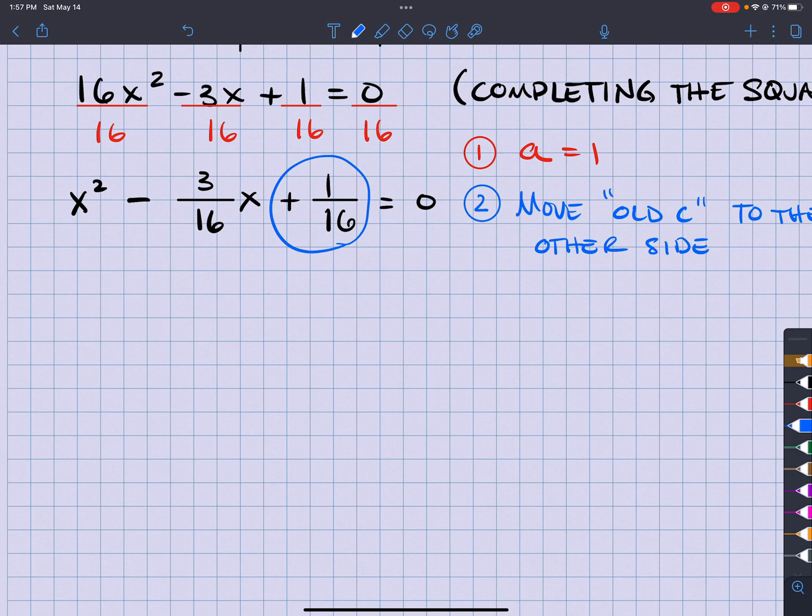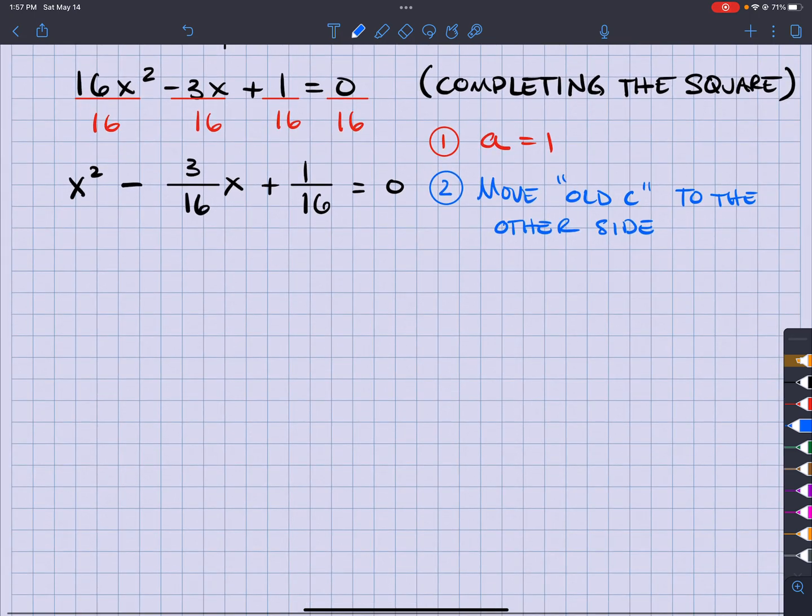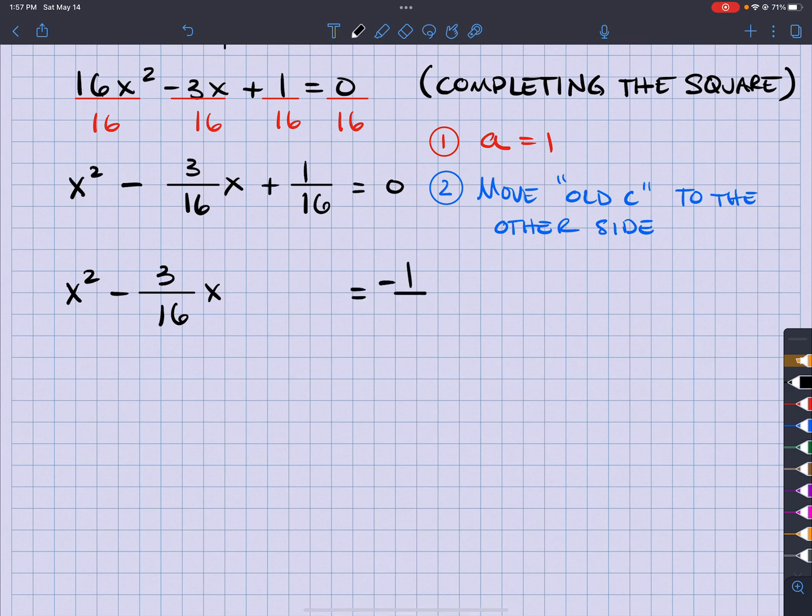We got to get rid of him so that we can find our perfect match. So you got to kick him out the door, hence kick him to the other side. So in order to do that, I would subtract him from my life. So now I'm going to have x squared minus 3 over 16x equals negative 1 over 16.